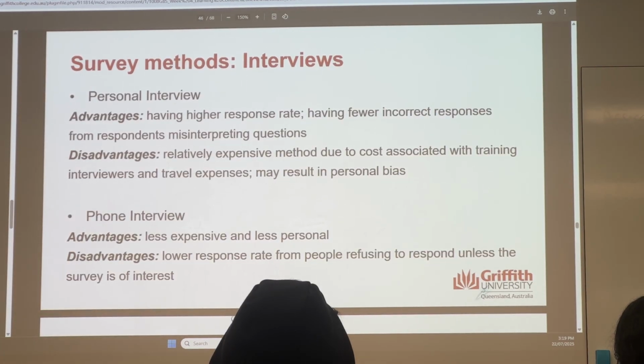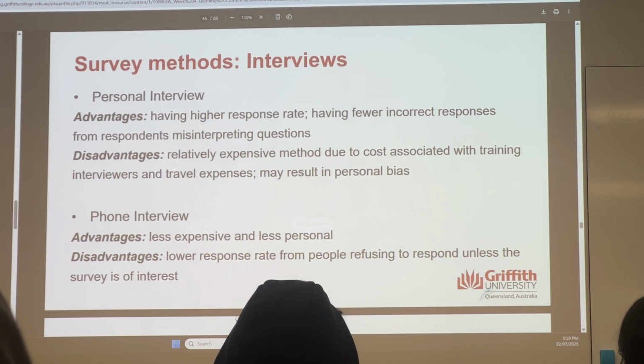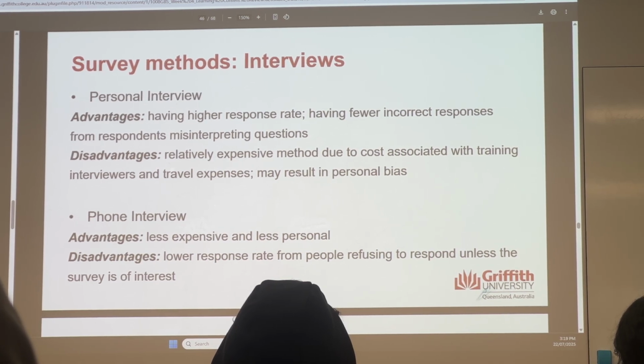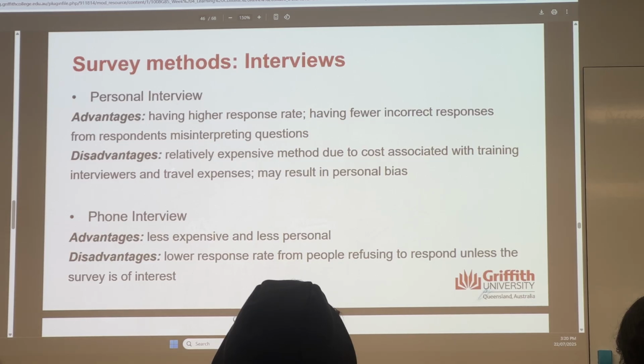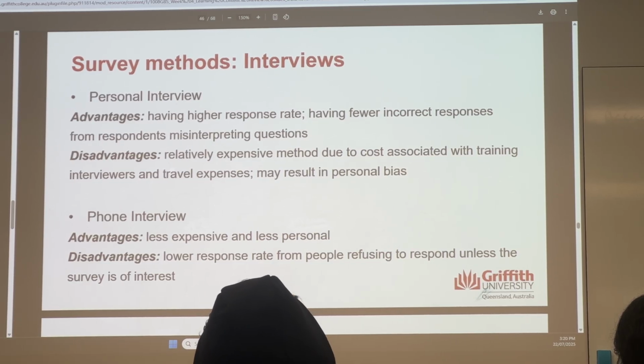Can you do personal interviews all the time? What are the problems with that? If you collect data using personal interviews, that's the best way. Some questions others don't understand, so they can clarify what you mean by that, rather than giving false information. What is the disadvantage?